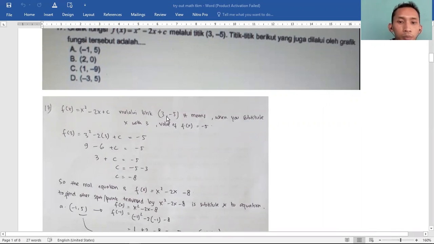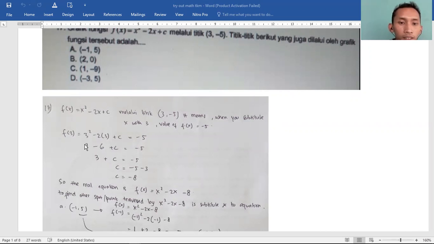Because the point is 3 and minus 5, we substitute 3 for x here. So 3 squared minus 2 times 3 plus c, because it is still c. The purpose here is to find what c actually is.